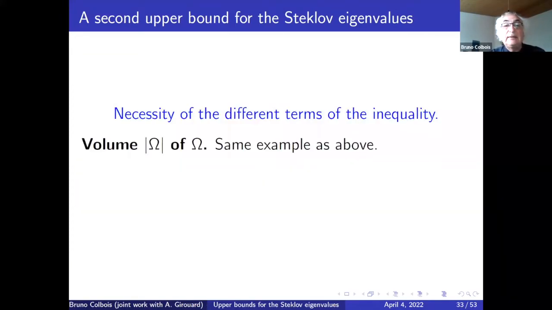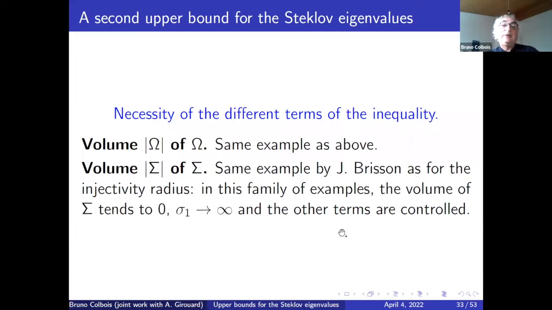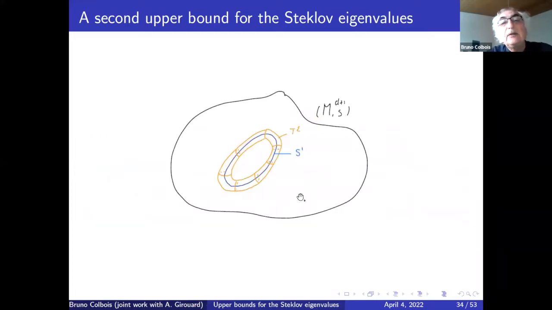Is it true? Yes, it's the same example as before by Jacques Brisson, because if I recall the example, when you have a tubular neighborhood, of course the injectivity radius was very small, but also the volume of an epsilon tubular neighborhood is very small.